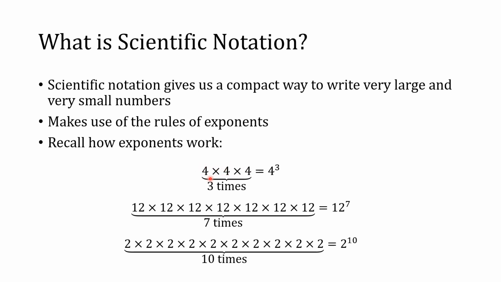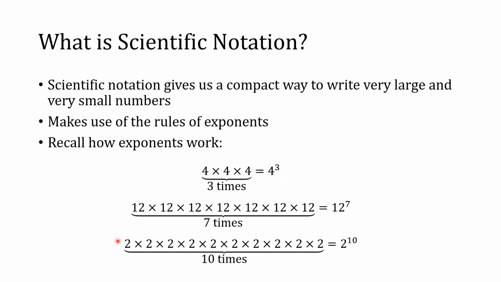So since we're multiplying 4 by itself a bunch of times, we write a big 4 here. And then the little number up there, which is the exponent, tells us how many times we see this bigger number in our multiplication. So if it's being multiplied together 3 times, then we put a little 3 in the exponent.